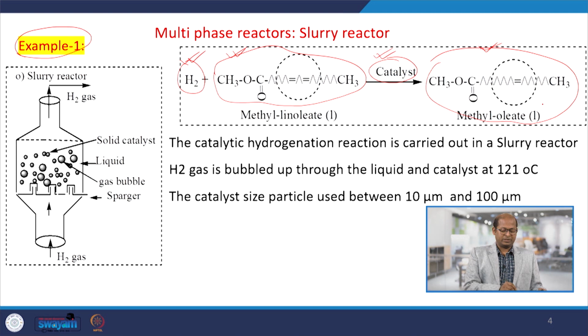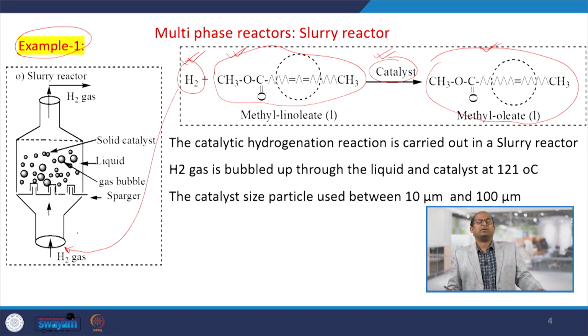Now if we consider a slurry reactor, from the bottom of the reactor we pass the gas at a particular rate, at any particular partial pressure we can maintain.